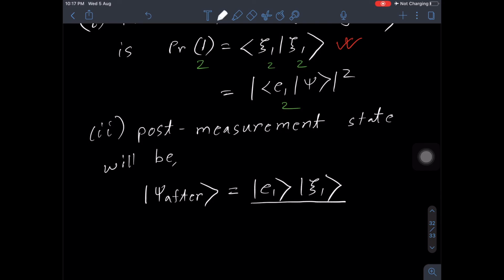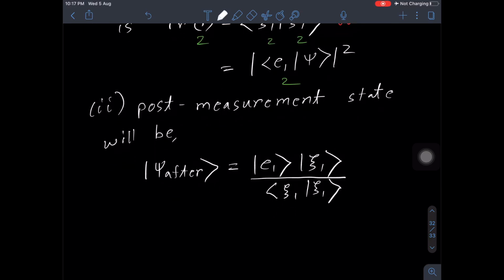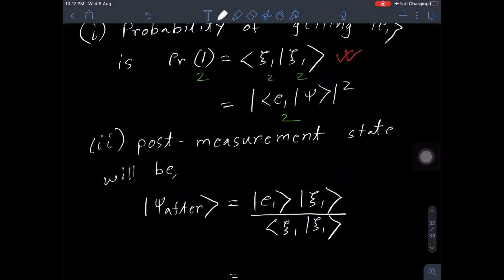So if you wanted to calculate the norm of this vector, you just have to take this xi1. Oh, I made a mistake, it is the square root of this number, right? The square root of the norm square, then you get that.